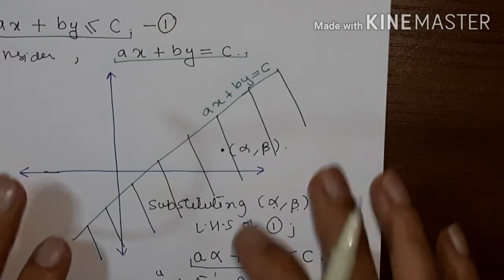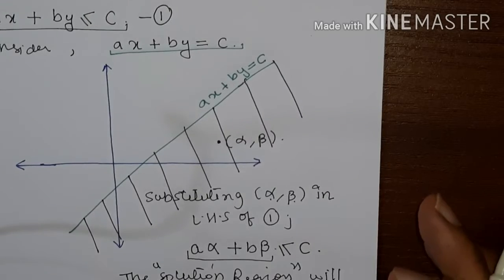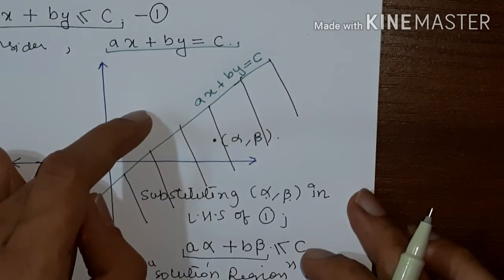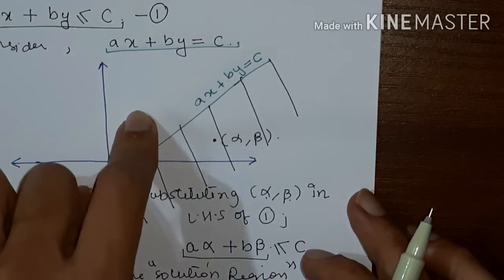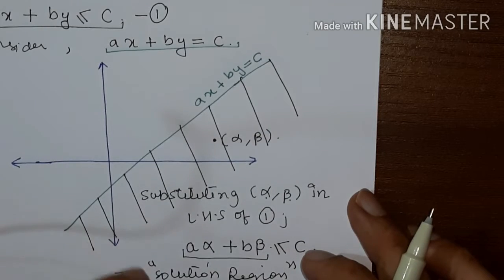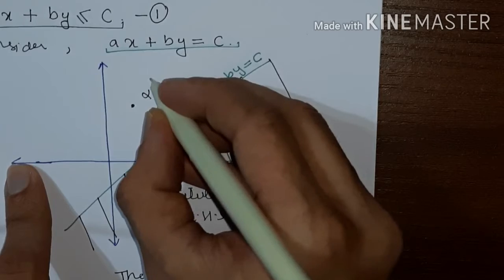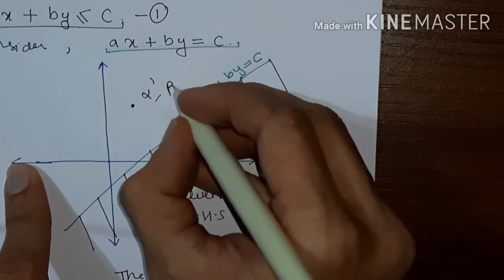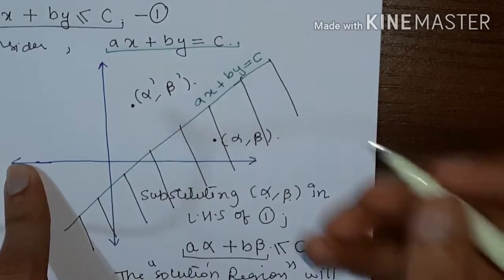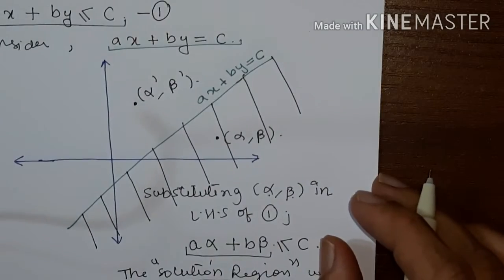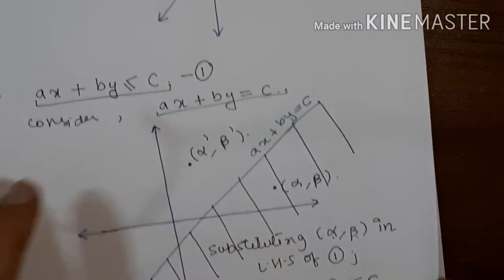Now one thing may happen, that you may take a point which is in the other region. Suppose you take a point here in this region, that is alpha prime comma beta prime. Now suppose you substitute this point in the inequality 1.